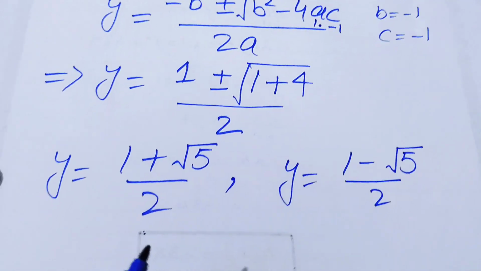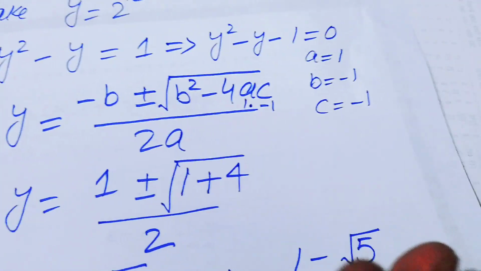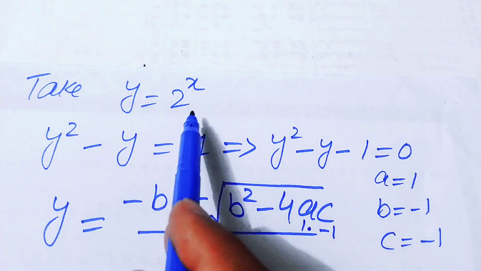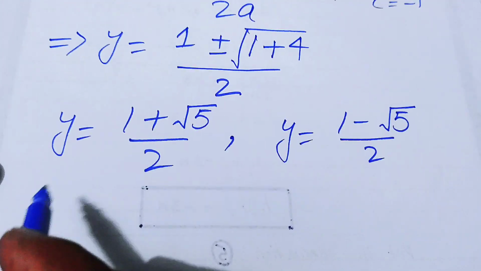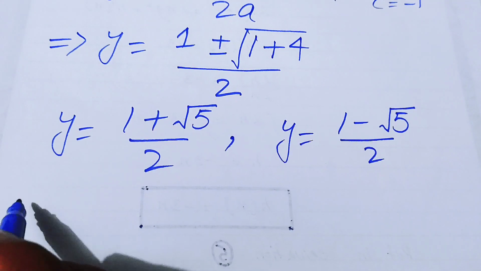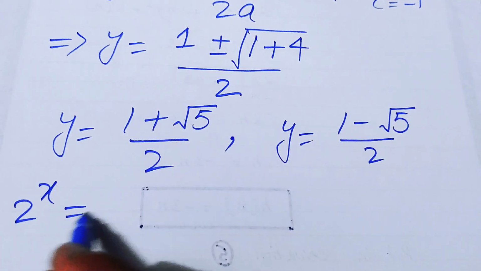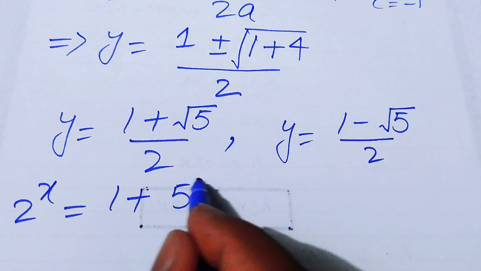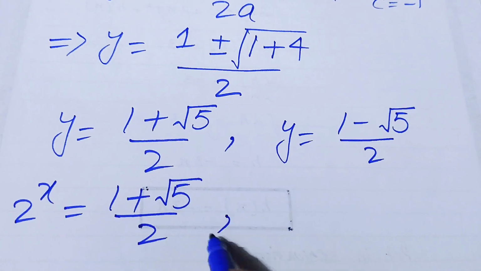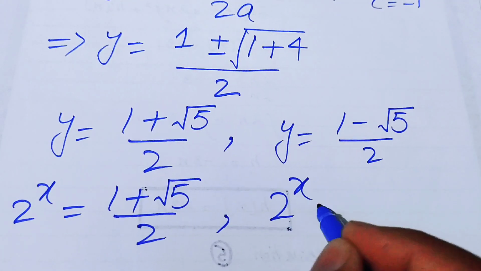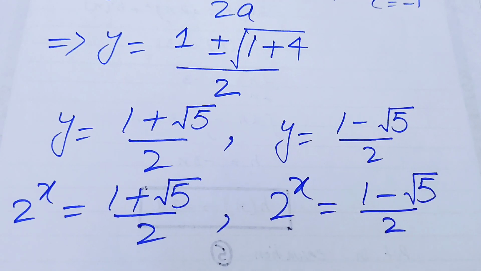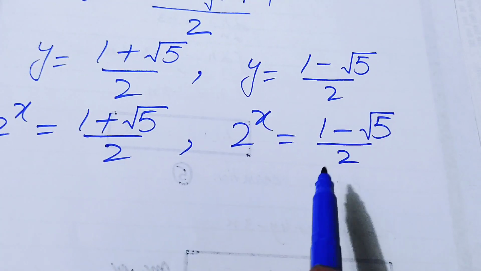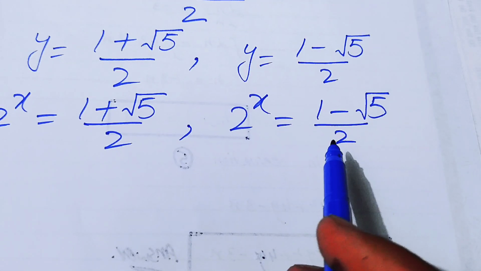And now we back substitute the values of y. So in the start of the question we take here y is equal to 2 to the power of x. So when we back substitute here, it becomes 2 to the power of x is equal to 1 plus square root 5 over 2, and here you have 2 to the power of x is equal to 1 minus square root 5 over 2. So first I can solve this case.